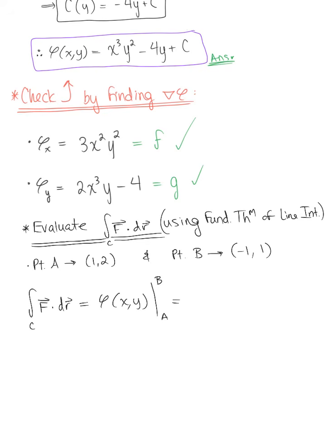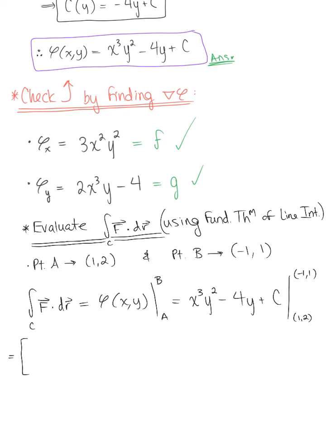And plugging in what we just found, this is going to be x cubed y squared minus 4y plus c. And we are evaluating from the point 1, 2 to negative 1, 1. So you can plug these points right in.